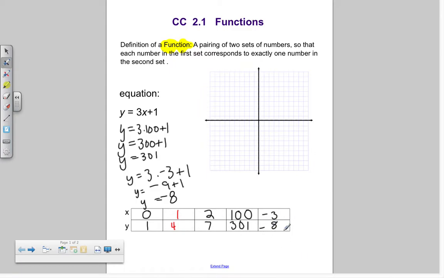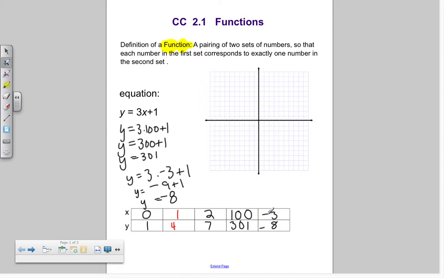Well, how many more are there? How far could my chart go? How many more different solutions or pairings would make this equation or function true? Think about it. A lot. In fact, infinite. I could keep coming up with different x values that I could plug in and make a y value for.